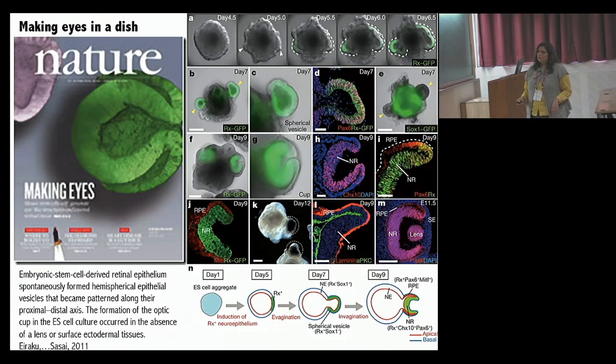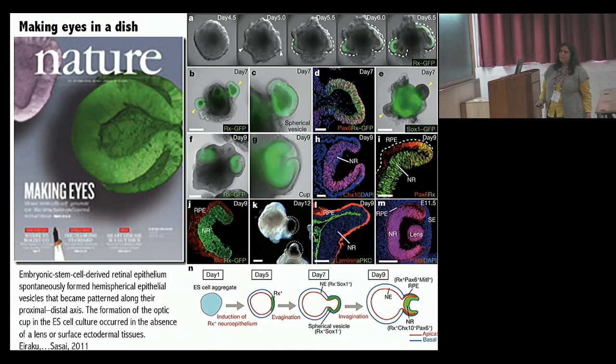What they also showed was that this cup is formed with the apical end of the cell oriented in a convex kind of way, which is different from here, where the apical end that's constricting is concave.